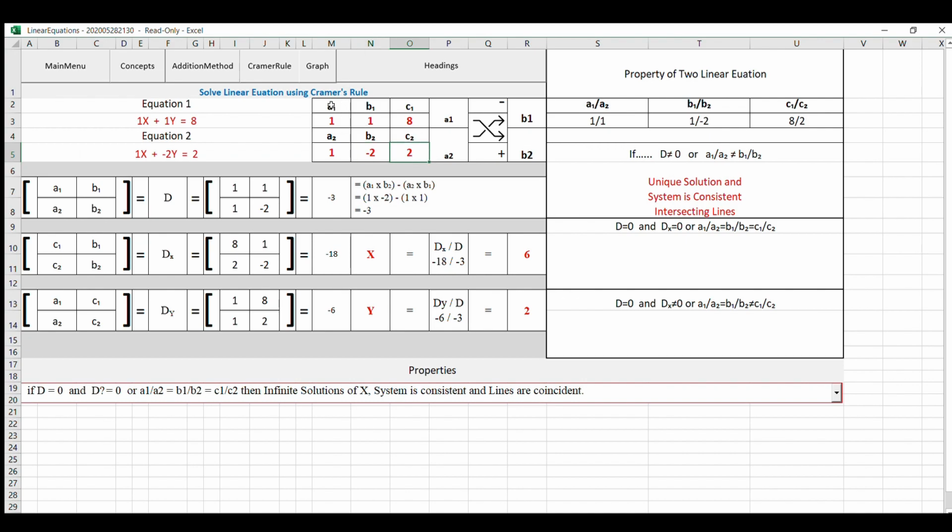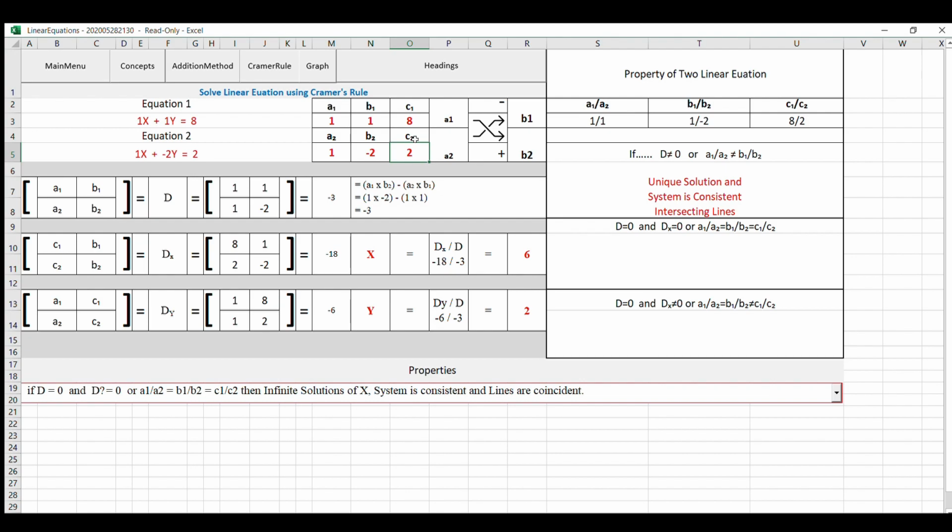The first thing you have to do is arrange them in 2 rows by 3 columns, or a 2 by 3 matrix. You have to write a1 b1 c1 in the first row, and a2 b2 c2 in the second row.